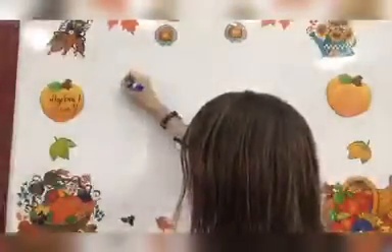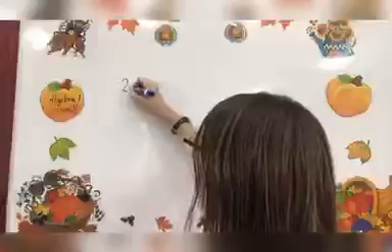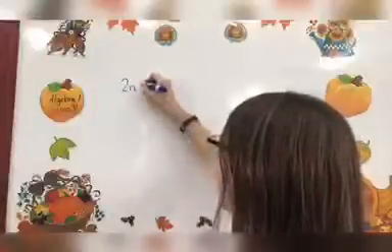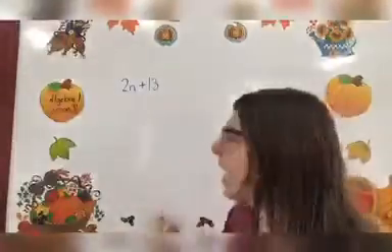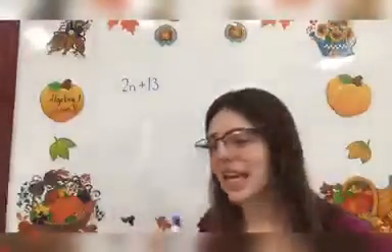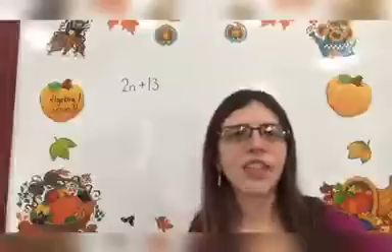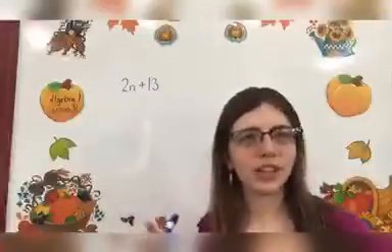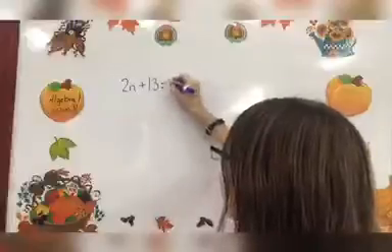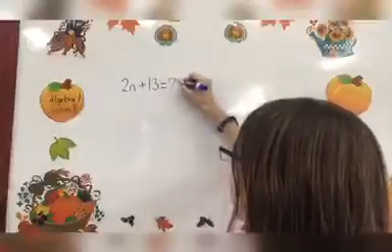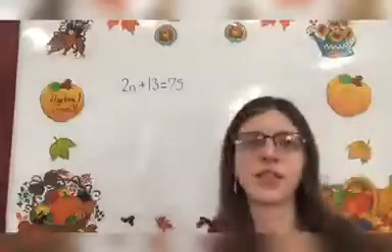Twice a number is represented by 2n, and you're adding it to 13. Now your problem says that this sum is 75. That means 2n plus 13 equals, because is and equals really mean the same thing, 75.